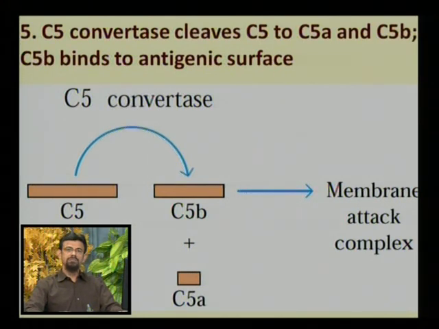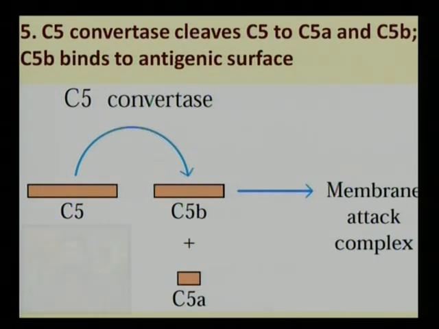The classical pathway also resulted in the membrane attack complex. The alternate pathway will also result in the membrane attack complex. Now, this further discussion will be carried out by Professor J.P. Patel, and I hand over the work to him.